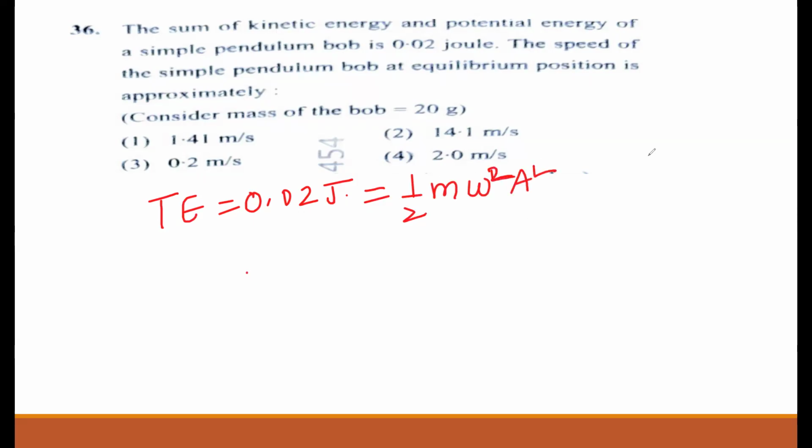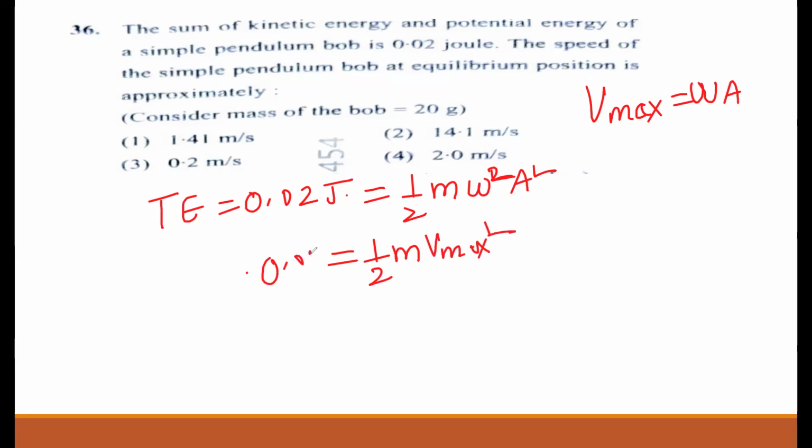But V max is nothing but equal to omega a. So that means half m V max square is 0.02 joules. Now multiply here. So we get V max equal to 0.02 into 2, 0.04 by mass. What is the mass given? 20 grams.